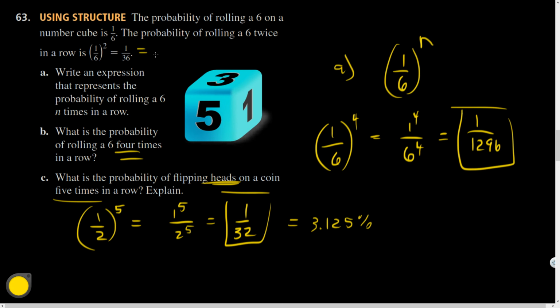Right? 1 divided by 36 was a 2.77 repeating percent chance. So it's actually more likely to flip a coin and get heads 5 times in a row than to roll a 6-sided die and get 2 6s in a row.